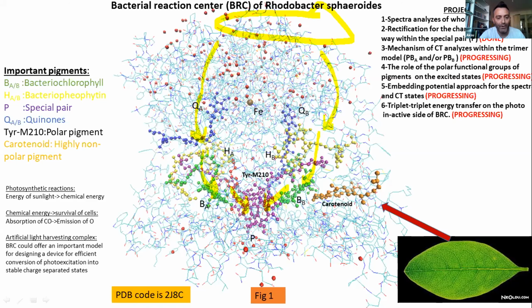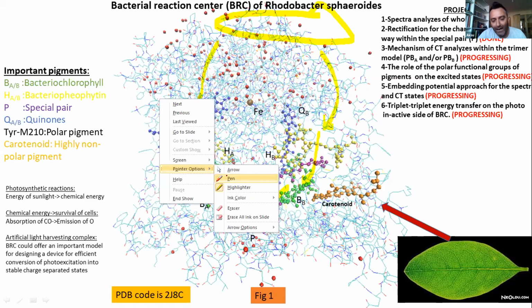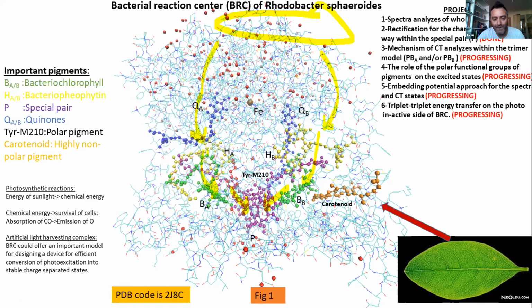Now I am changing my pointers. The special pair absorbs the energy and excites an electron on the top. And now this electron chooses the way to the higher dielectric environment, which is on the A branch.